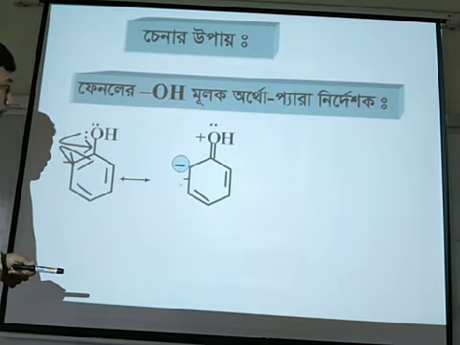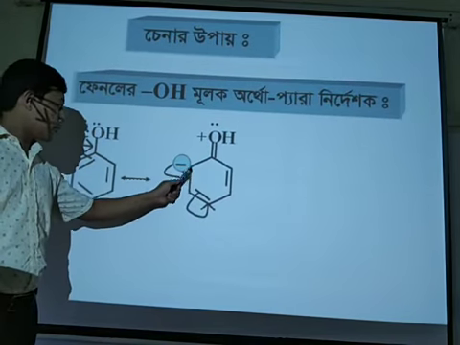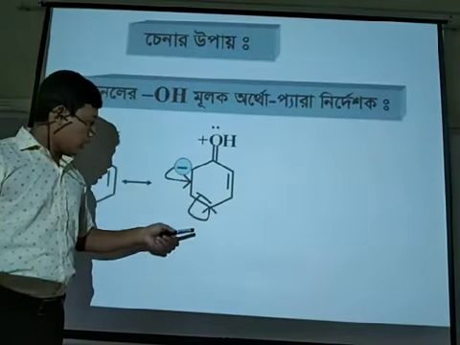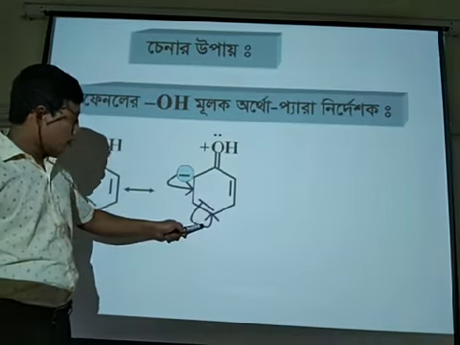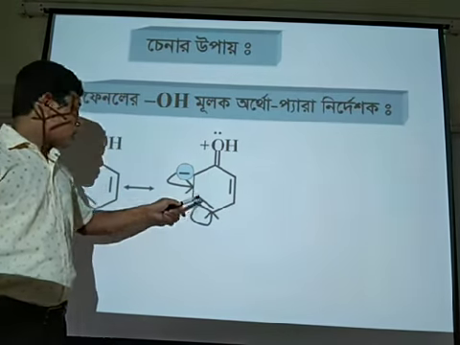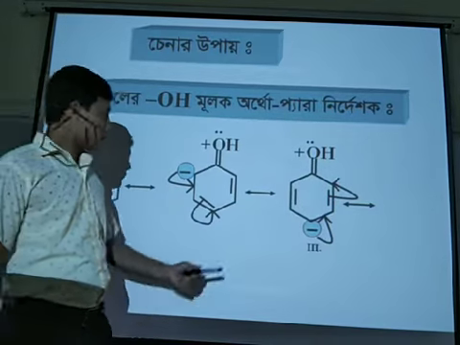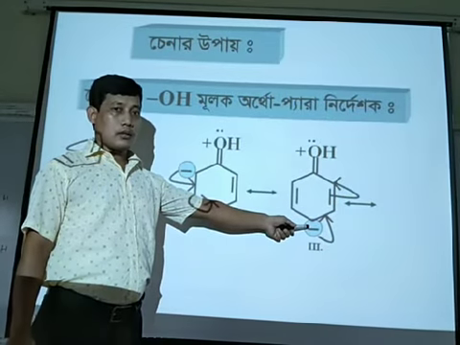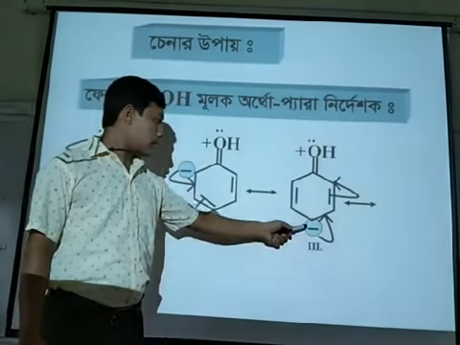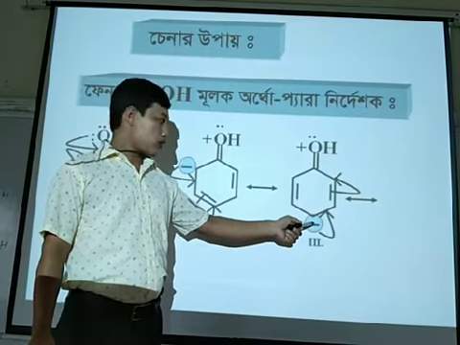In the next structure, this electron will come between these two carbon atoms and create a double bond. At the same time, this pi bond will break down, and this electron will come onto this carbon atom. So we can see the next resonance structure, where a negative charge is created because this pi bond has come here.